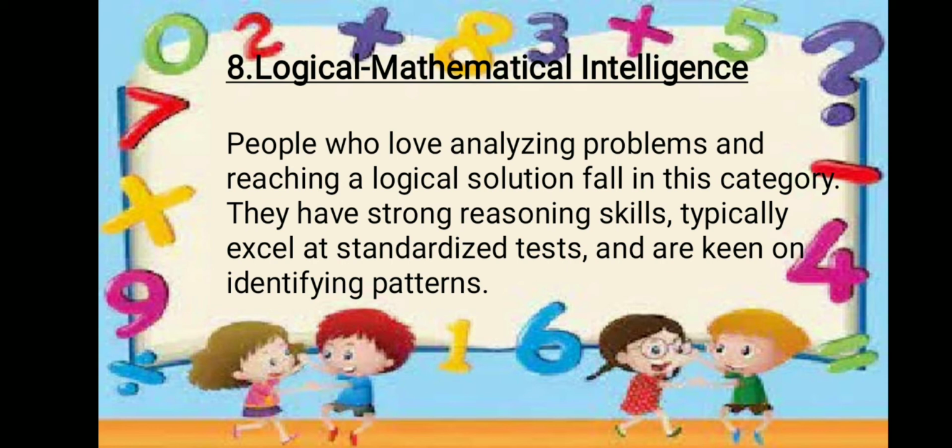Students who have this type of intelligence are good at exploring patterns and relationships, problem solving, and reasoning. This intelligence type can be connected with deductive reasoning. People who work in the scientific and mathematical field are supposed to have this type of intelligence.